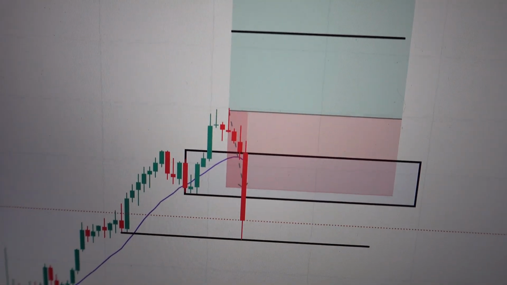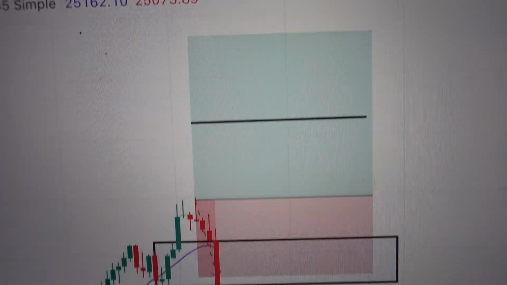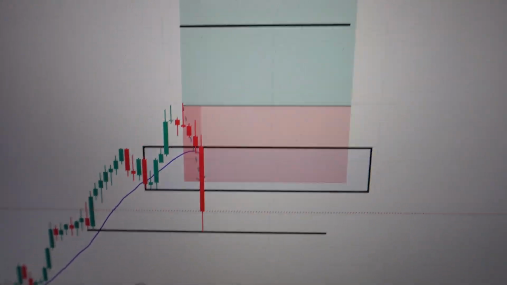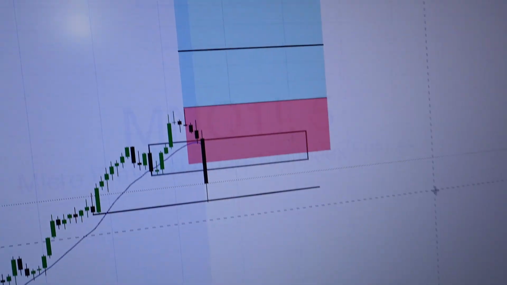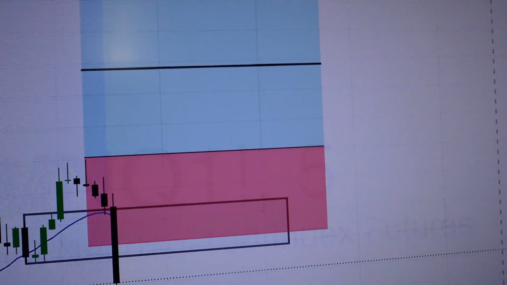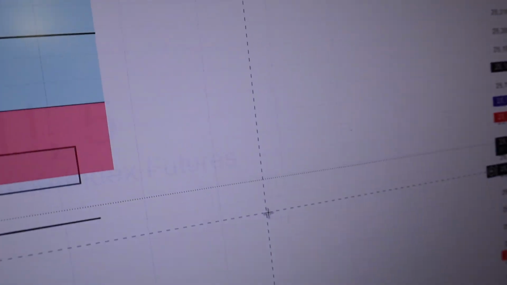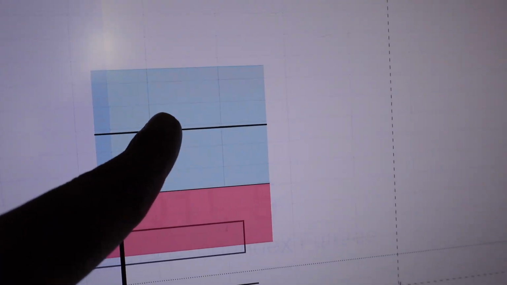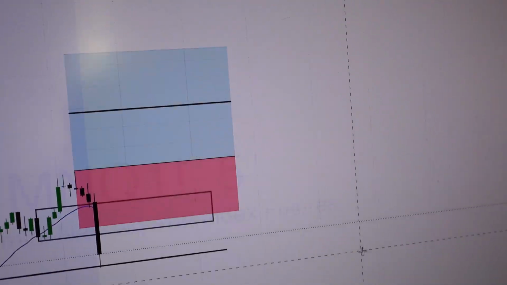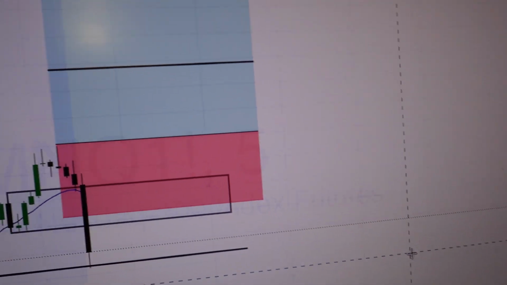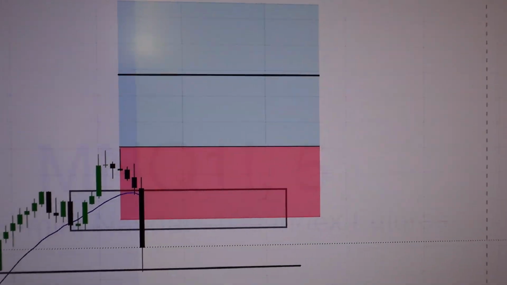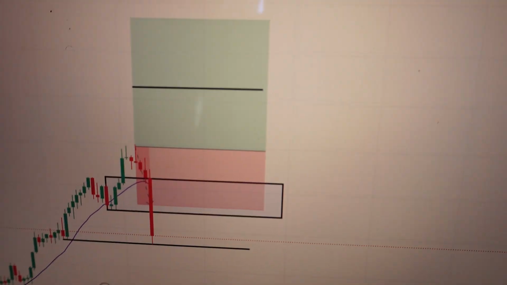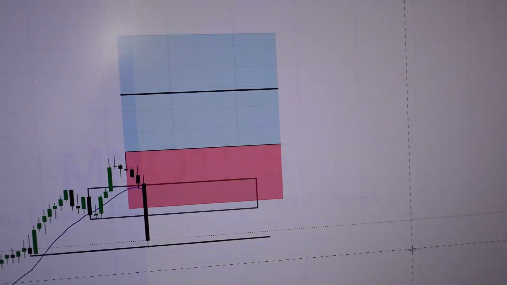This is my combine right here. So I'm gonna catch the same setup. This is TP1, this is TP2. I'm going for 1 or 2. But looks like the market's going down.